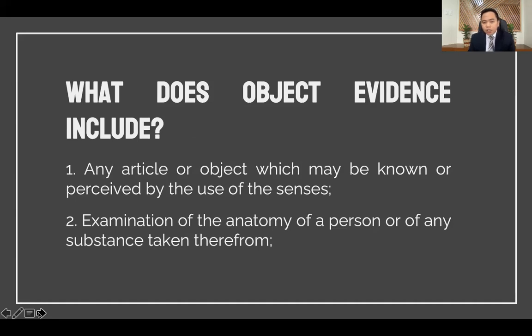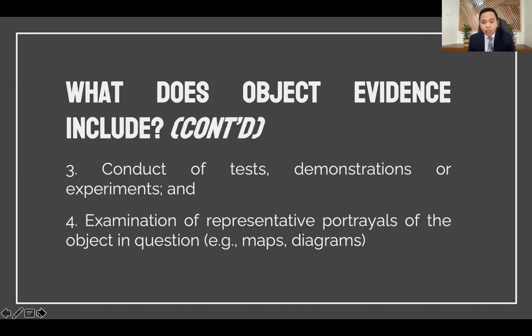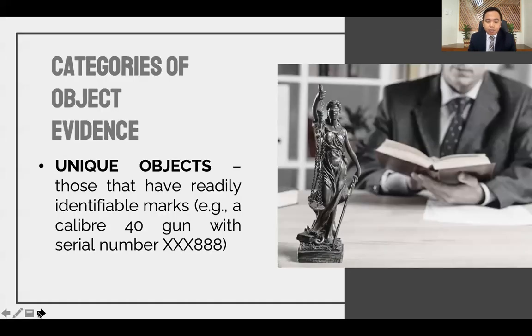Any article or object, examination of anatomy of a person, tests and demonstrations, or representative portrayals of the object like maps and diagrams. Now, there are different kinds or categories of object evidence. First, you have unique objects.